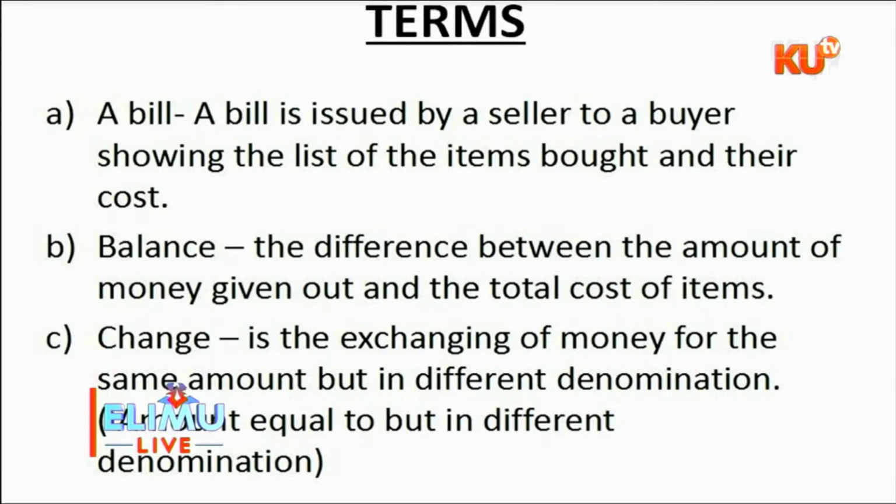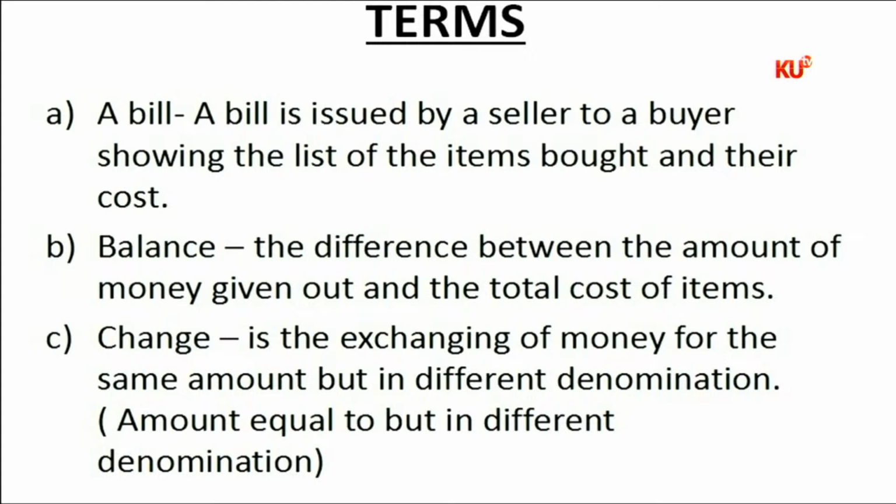Number three, we have what we call change. Change is the exchanging of money for the same amount of money but in different denomination. So that means it is an amount equal to but in different denomination. For example, I have a 100 shillings note and I'm given maybe 5 20 shillings notes.